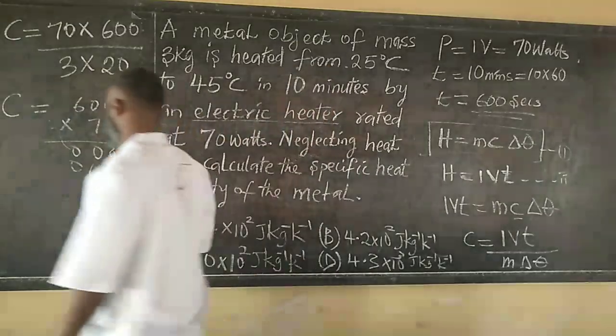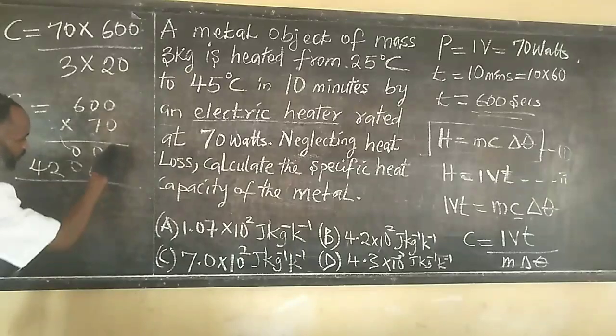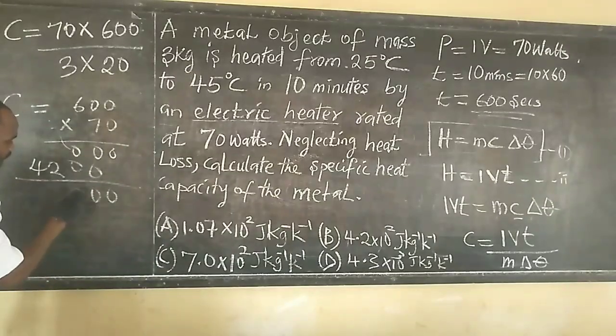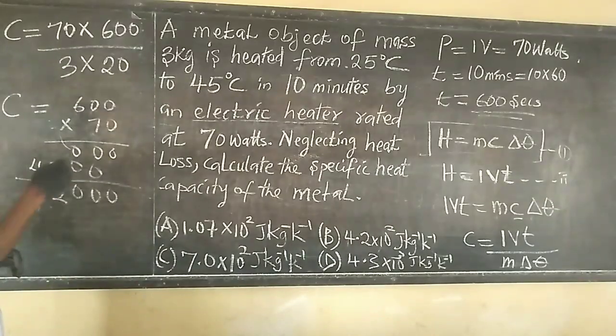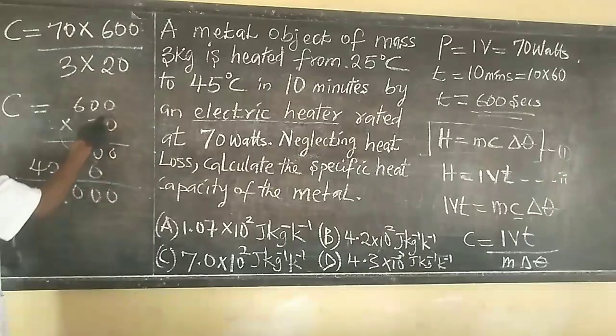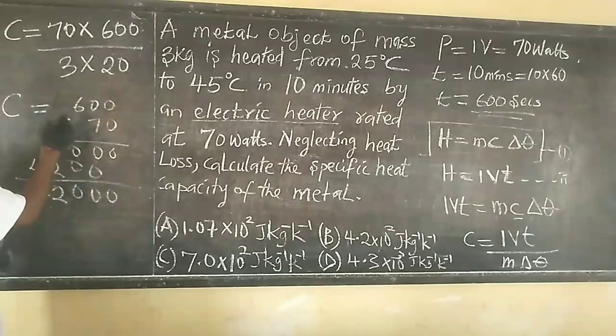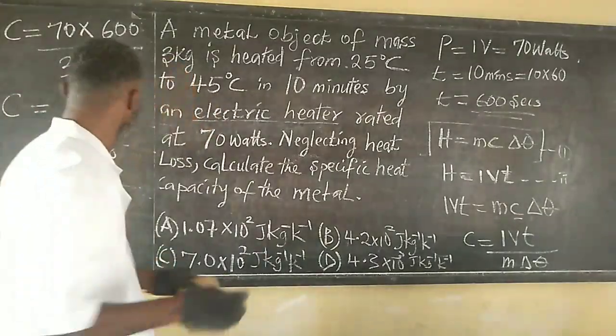So we bring down 0, and then 0 again, 2 and 4. So we now know that this is 42,000. Let's cross check this. So it's correct.